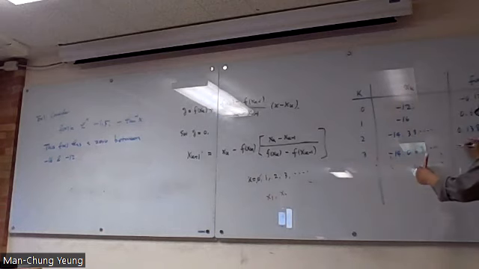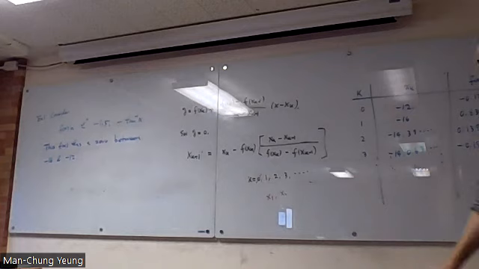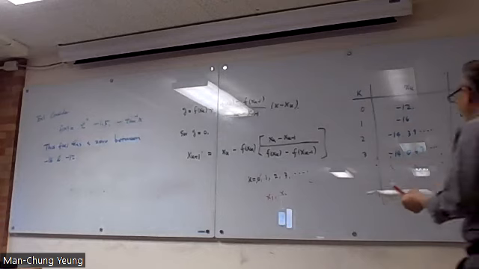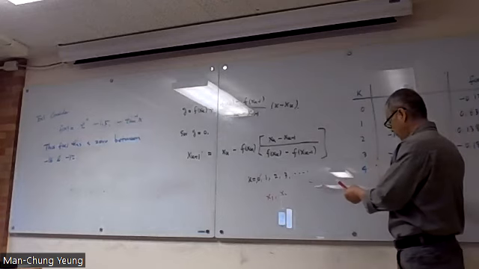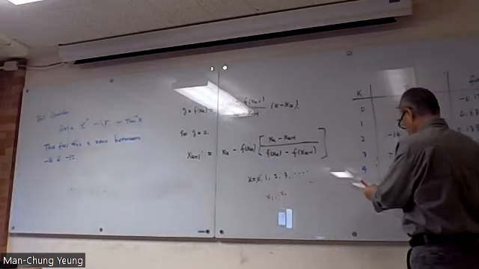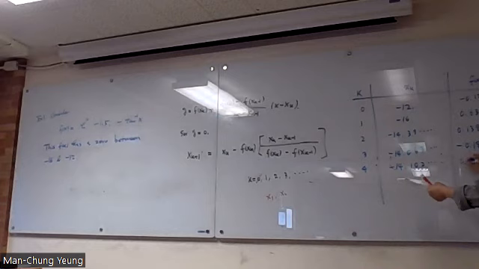The function value is negative 3 something. k is 3, and the method starts to converge. k is 4: 14.102, function value 0.373 times 10 to the negative 1.